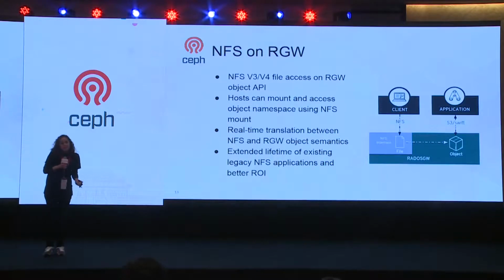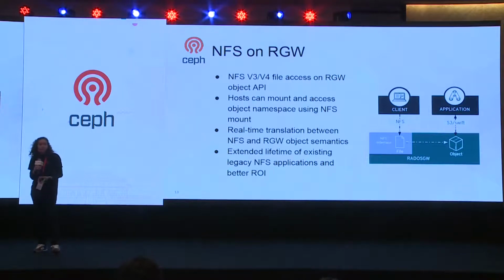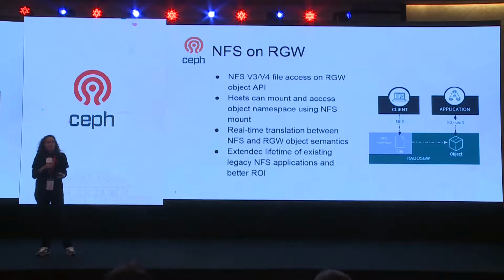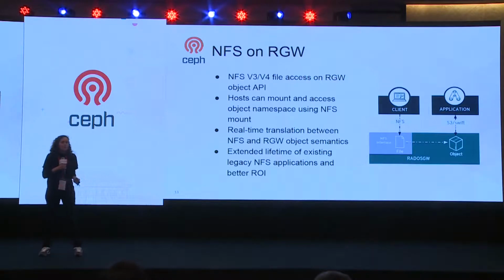We also have NFS. NFS is a file protocol, but we have NFS on RadosGW. We have a library called librgw, which is like a full instance of RadosGW, but without its front end. And it also has a layer, RGW file, that converts between object operations and file operations.